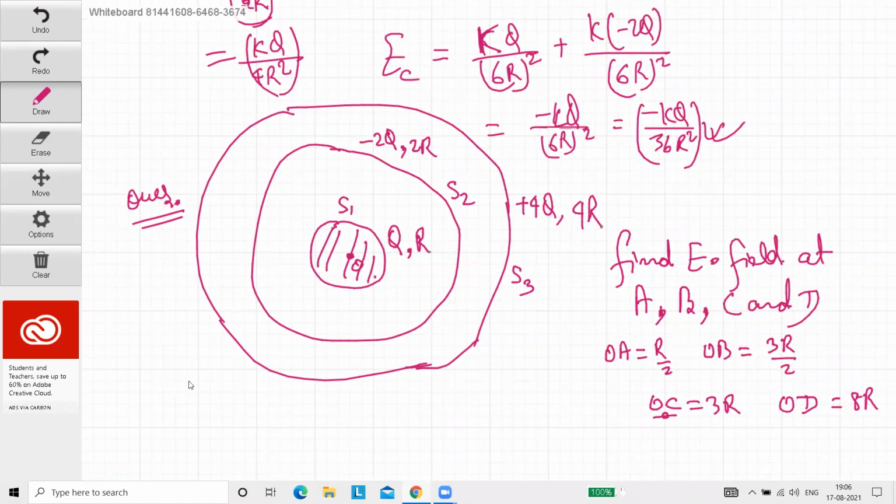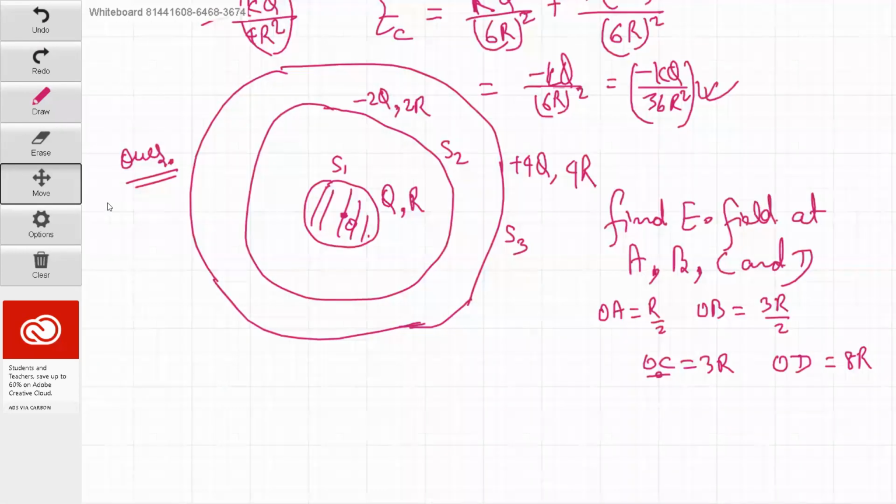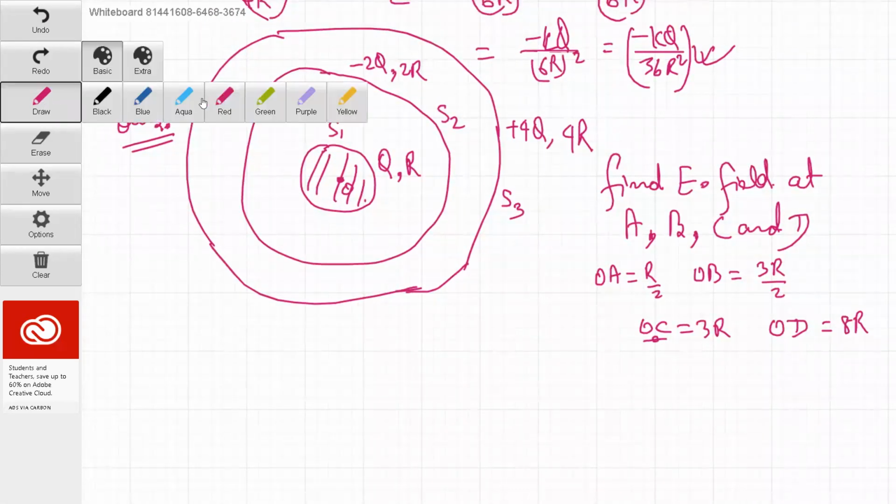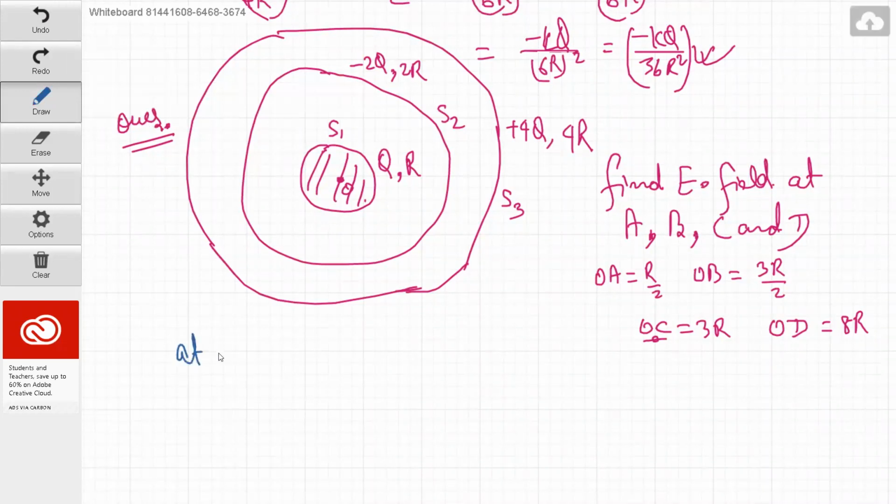So at point A, A point is basically an inside point for S1.